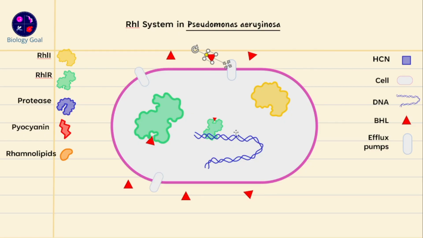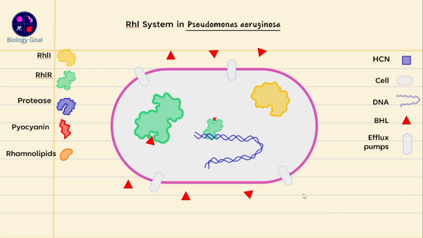So if the concentration goes out of control of these butyryl homoserine lactone molecules, these efflux pumps, they can throw out these molecules outside the cell against the concentration gradient also, right? And these efflux pumps, you already know that they are involved in antibiotic resistance and all, but their entire role is not that specific. They can be involved in regulating the concentration of various molecules in and out of the cell. So that is really important to understand over here, the role of a efflux pump.